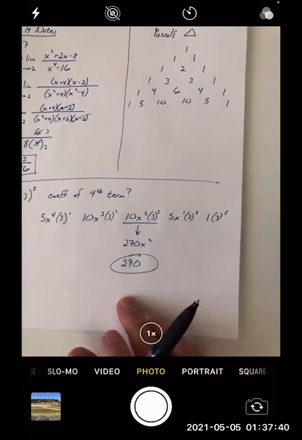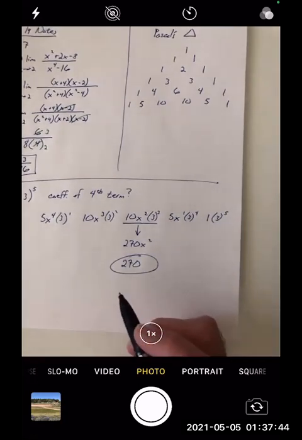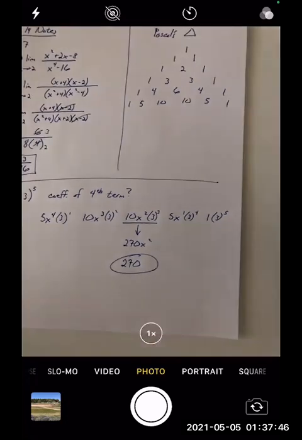Personally, I like it a lot better because I can reproduce it, it's kind of rote, as opposed to having to recall the binomial formula, and it's less involved. But if you like the formula, go for it.